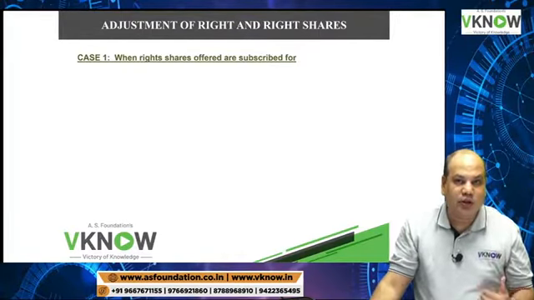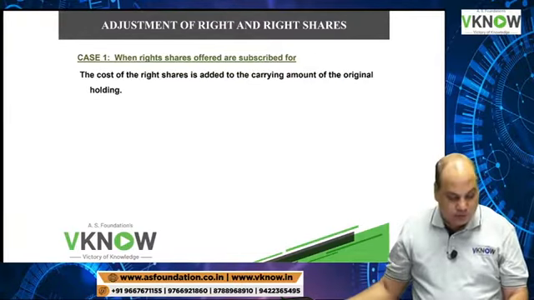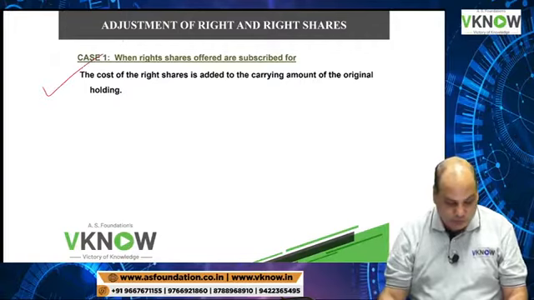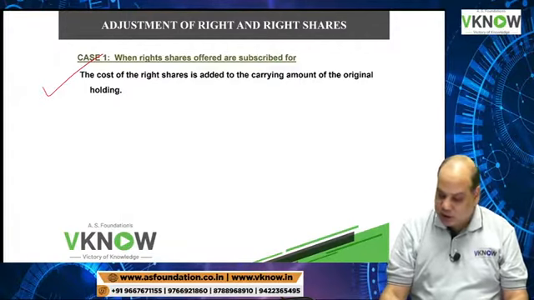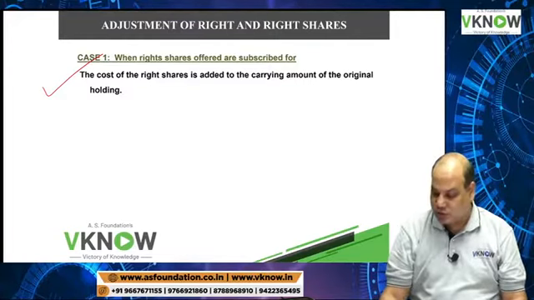Examples are already dictated. When right shares offered are subscribed, case 1, easiest case. When right shares offered are subscribed, then you simply pass the entry for purchase of the shares.